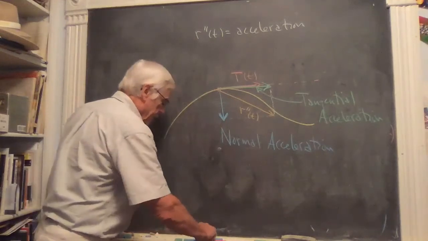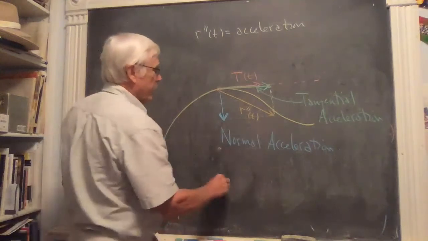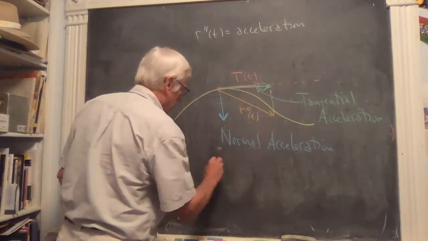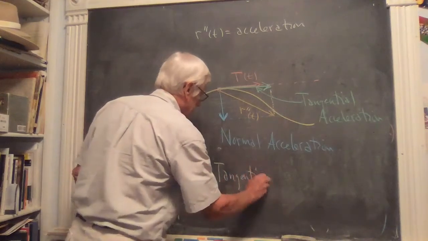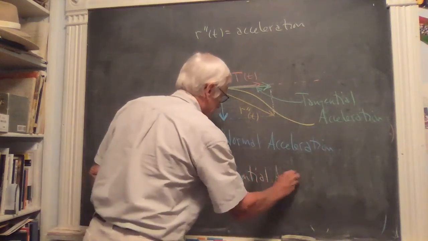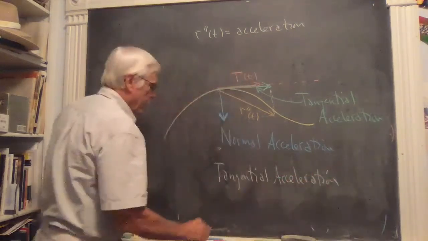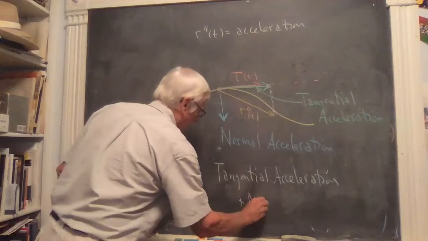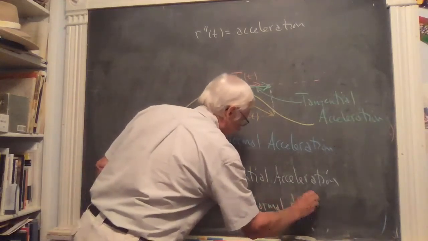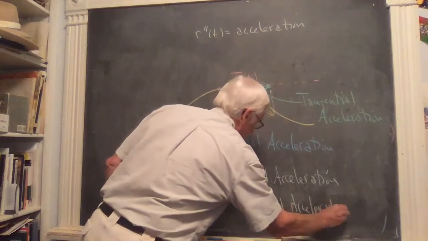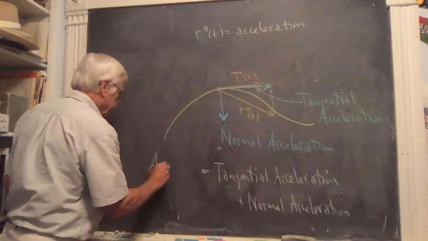The relationship between these is that if you take the tangential acceleration and add it to the normal acceleration, you get the acceleration.